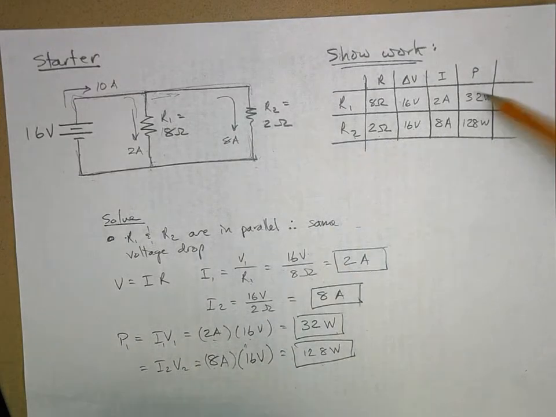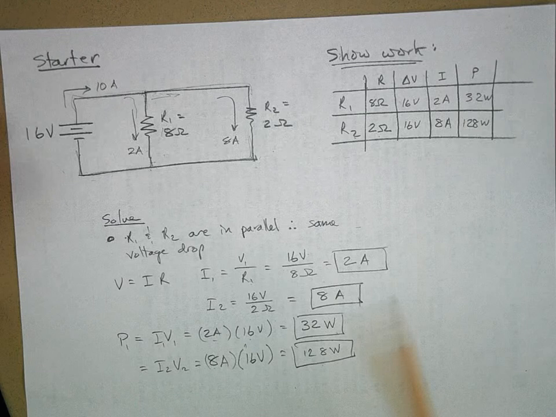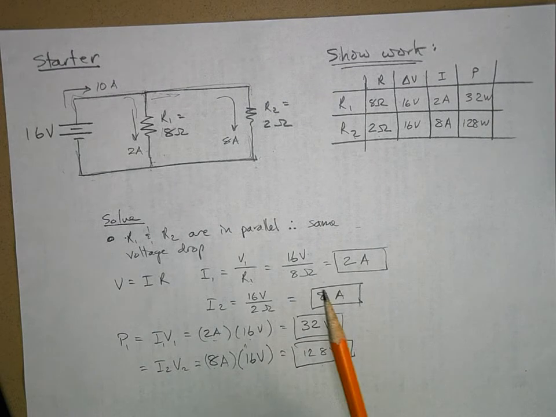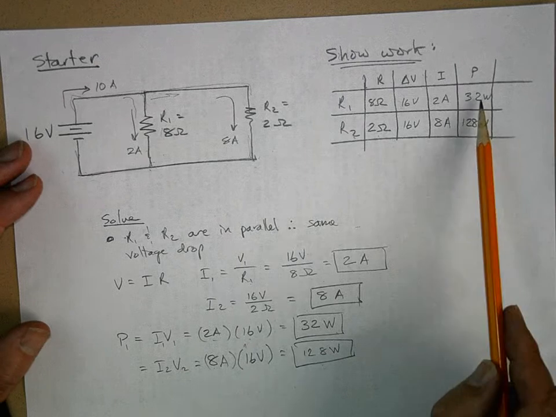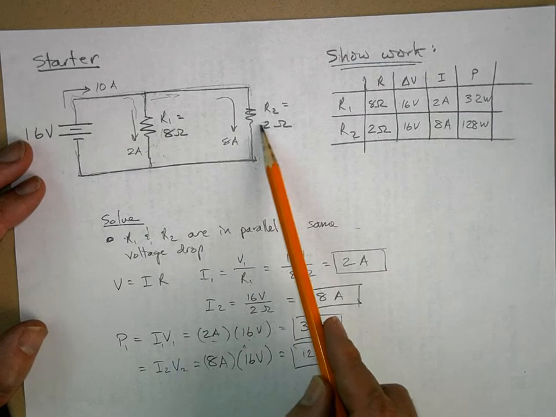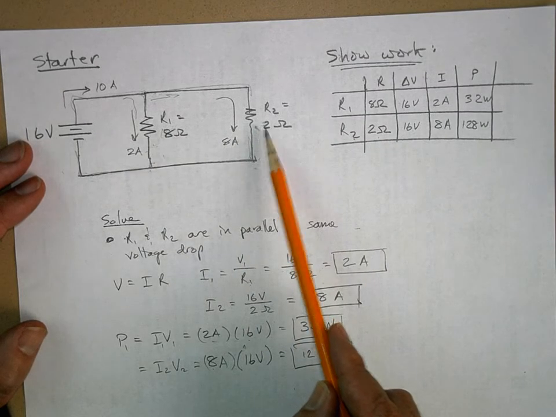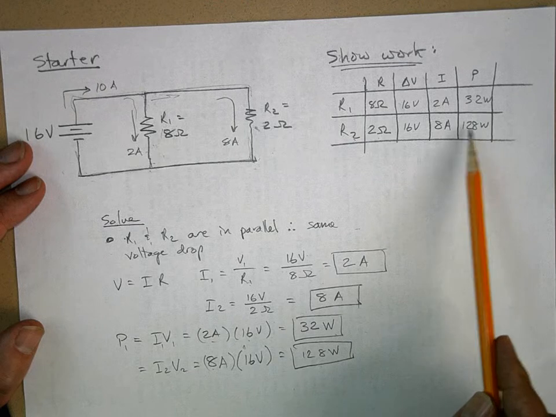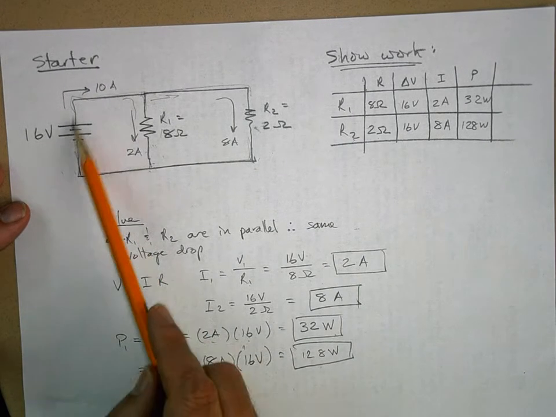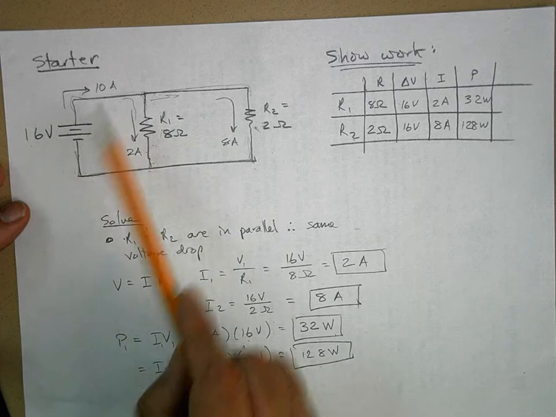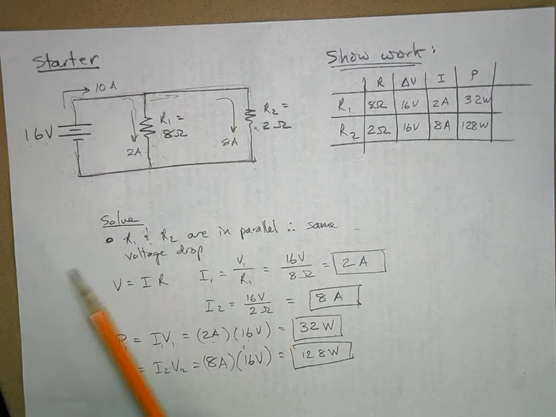It does make sense. And think about this. How much total energy is coming out of this circuit per second? Well, this is putting out 32. This is what's putting out 128. So that's a total of 160 watts. Well, since the battery is putting out 10 amps, 16 volts times 10 amps is 160 watts.